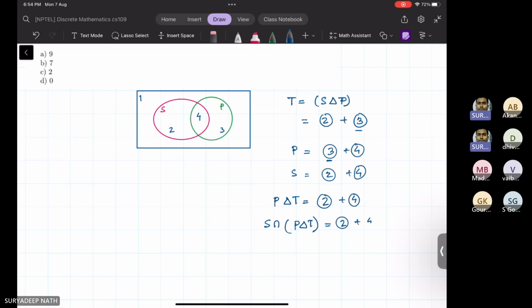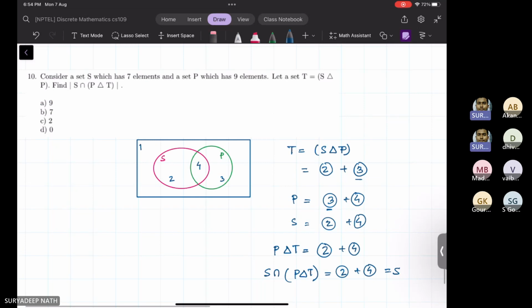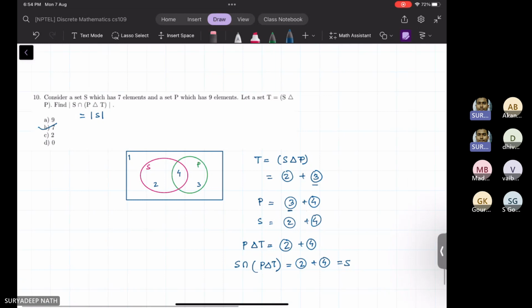So the entire set overlaps, so that is equal to S. So the cardinality of this is nothing but the cardinality of S, which is 7. So option B is the correct answer for this question. I hope that is clear to everyone.